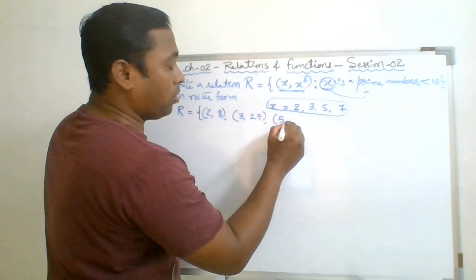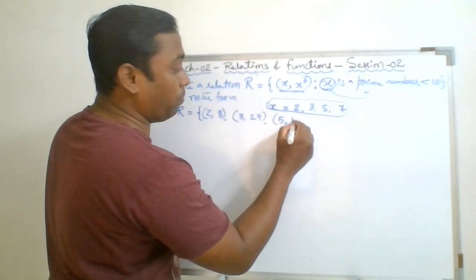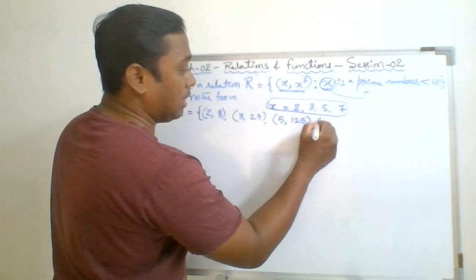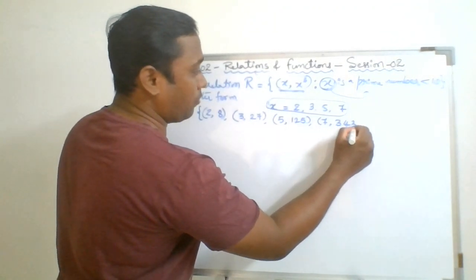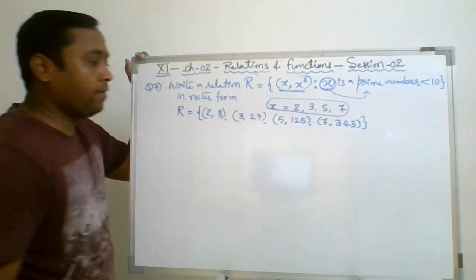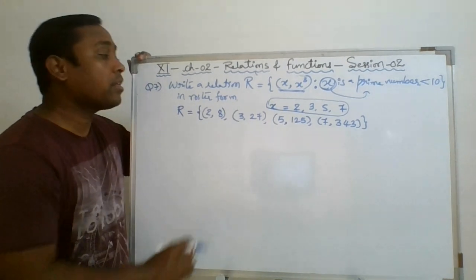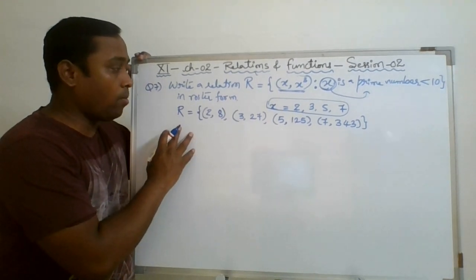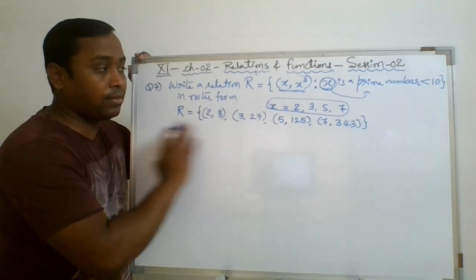Then for the third, x is 5, and 5 cube is 125. If x is 7, then 7 cube will be 343. So I have simply expressed the roster form of the relation from the set builder form. So my answer is over.